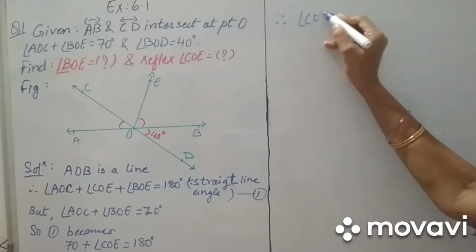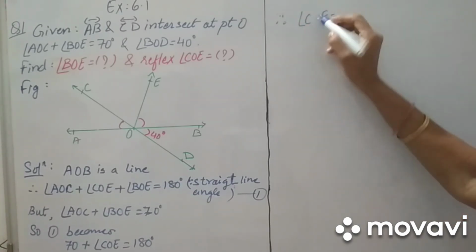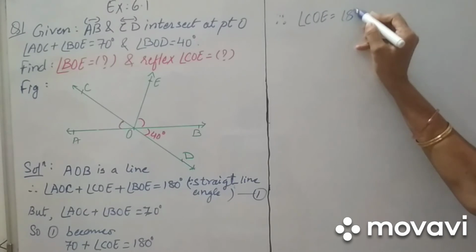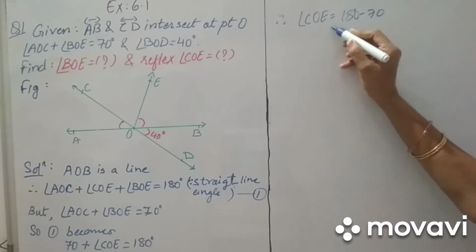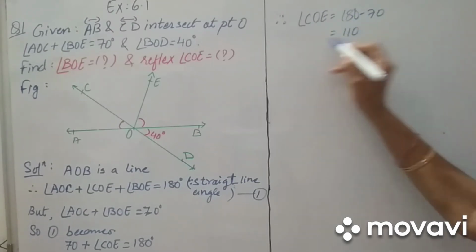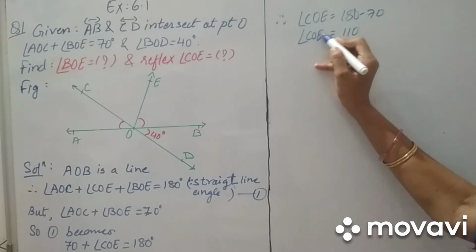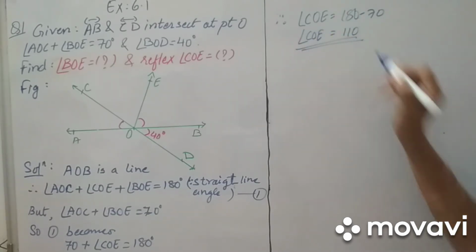Therefore, angle COE is equal to 180 minus 70, that is equal to 110 degrees.